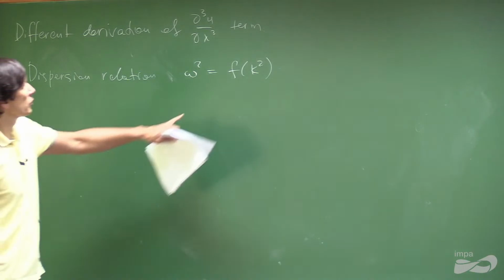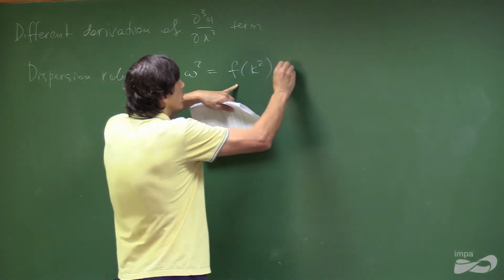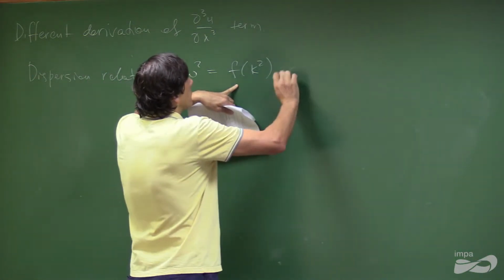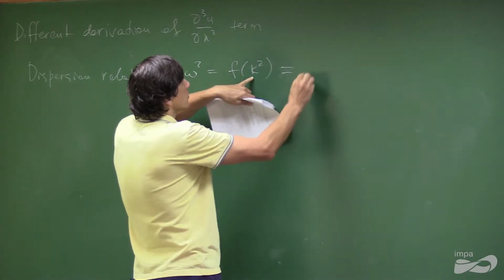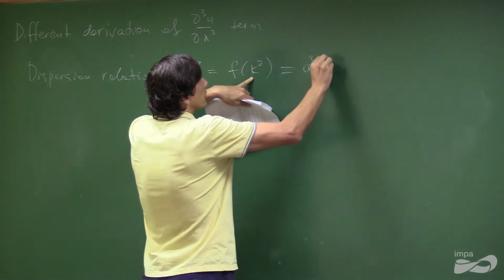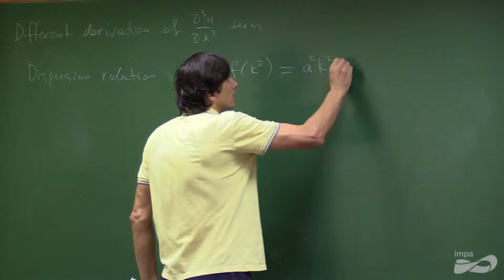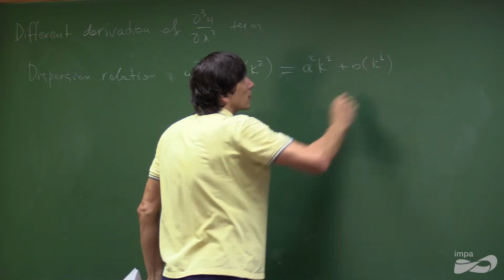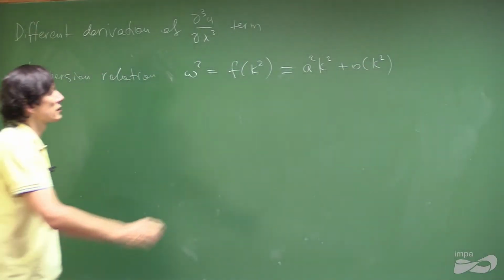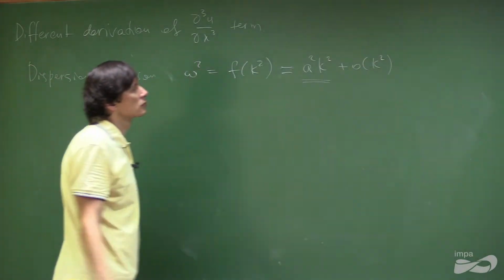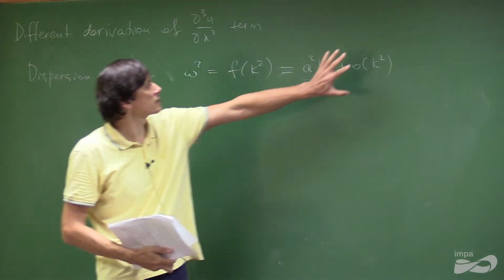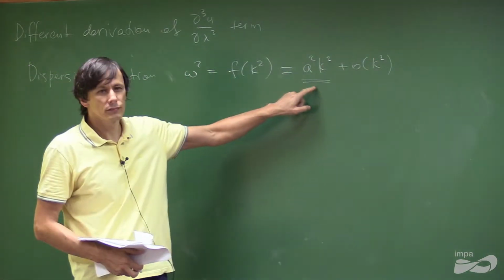And also we know that it can be expanded in a Taylor series, so that it's a squared k squared at small k plus a larger term. So this is exactly the expansion at k equals 0. So when you neglect this term, you get the wave equation, no dispersion.